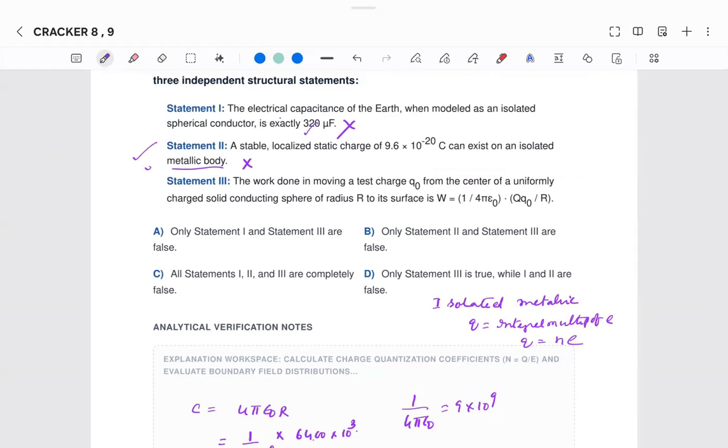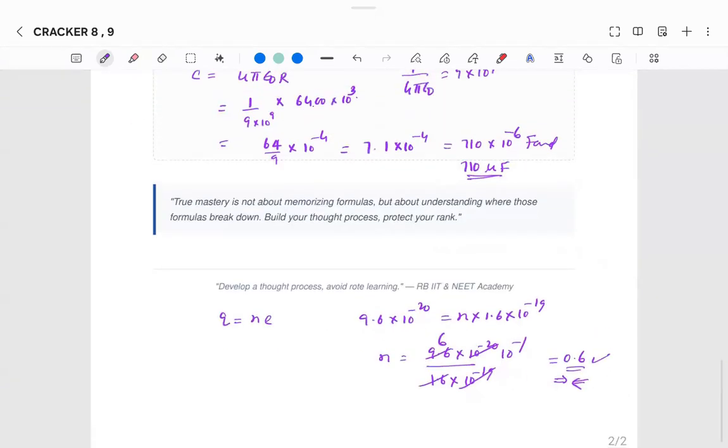Right. And the next one, statement 3. The work done in moving a test charge from the center of a uniformly charged solid conducting sphere. It is either a hollow or solid conducting sphere. Third option I am discussing. Potential at A, potential at B also same.